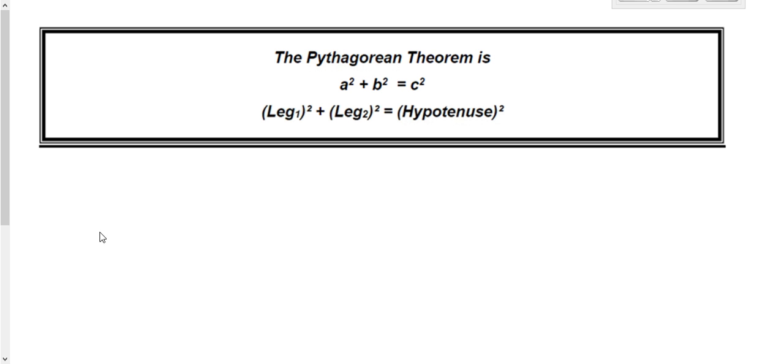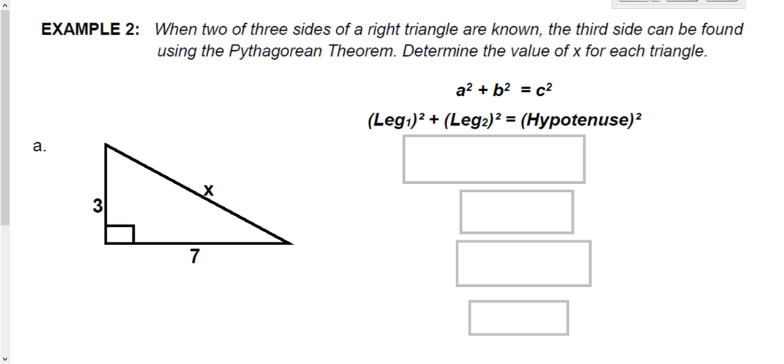So we're going to example 2 and seeing how this formula is used. So we'll look at example 2a here. We've got a right triangle where we know the legs, but we're missing the hypotenuse. So again, if it helps you, you can highlight those legs. All right, the two sides that make this right angle right here are called the legs.